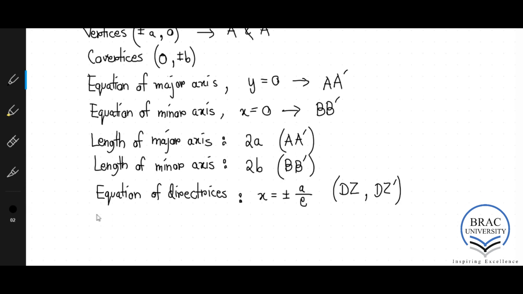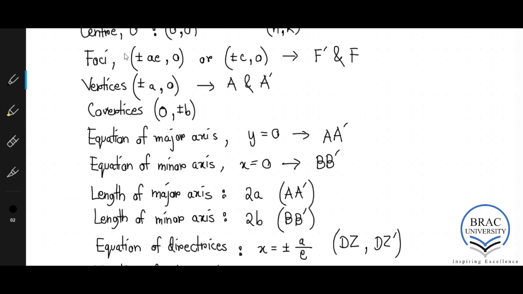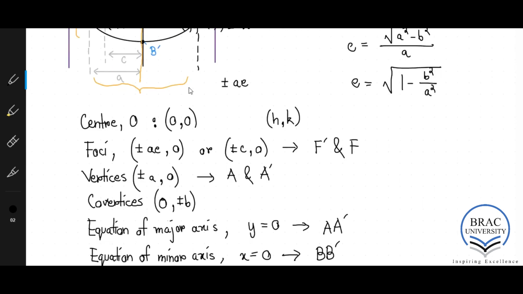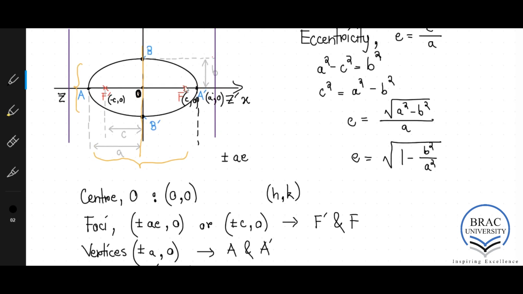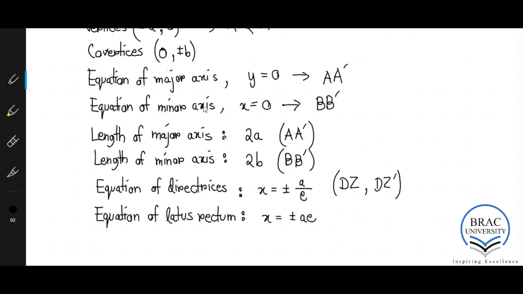Now for the equation of the latus rectum, if you remember, the latus rectum is a line that goes through the foci and up to cutting a part of the conic. So this would be x equal to plus minus ae, and ae, if you remember, is just the foci. So whenever we have a line passing through the foci, here and here, that gives us the equation of the latus rectum.